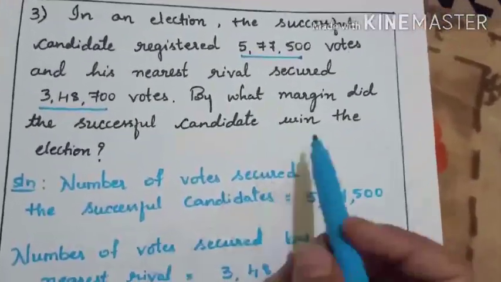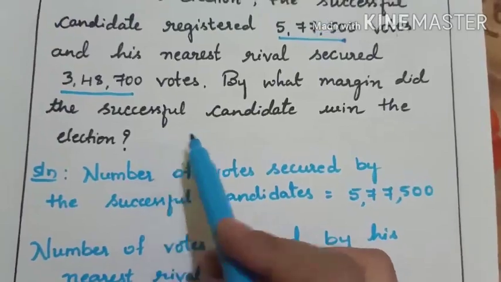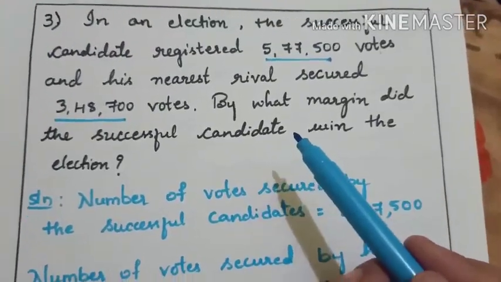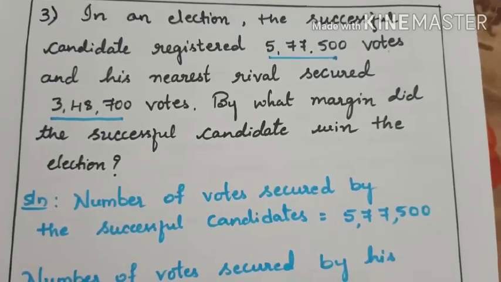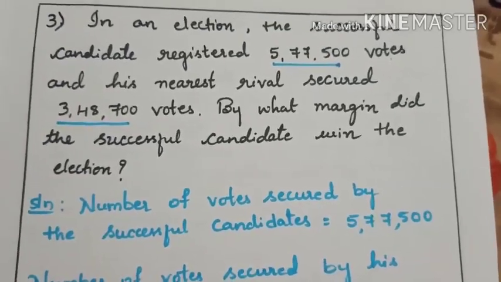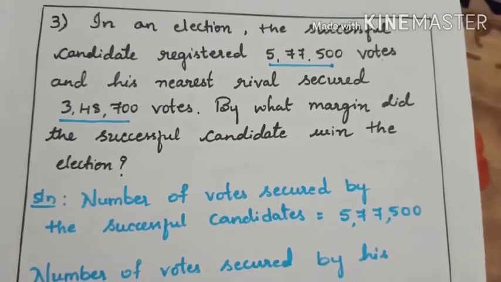By what margin did the successful candidate win the election? Means here they are asking by how many votes the successful candidate won the election, right?